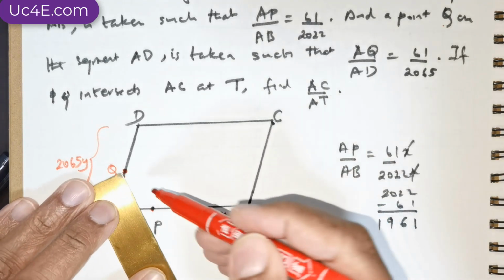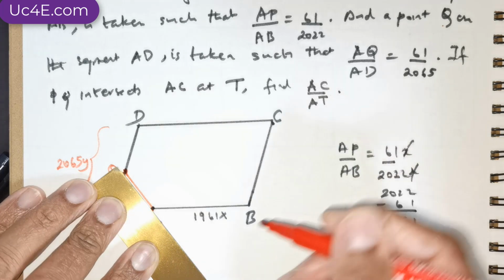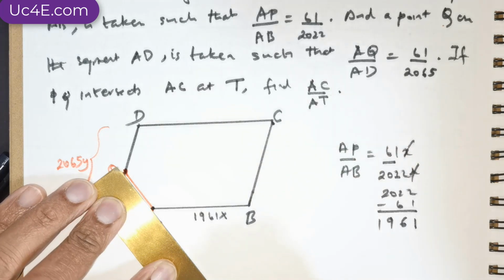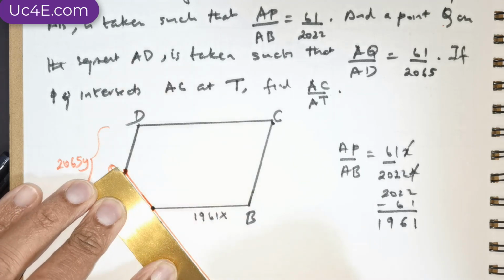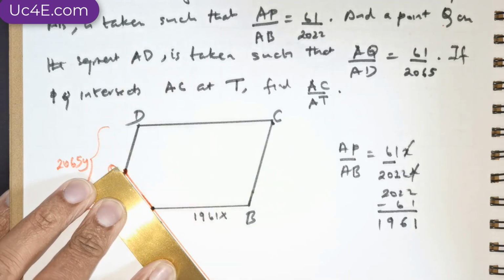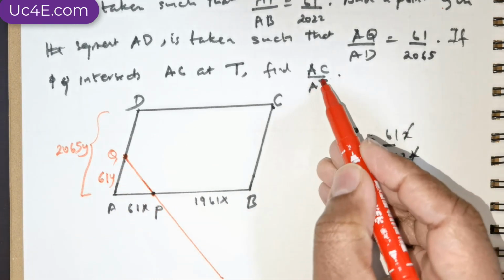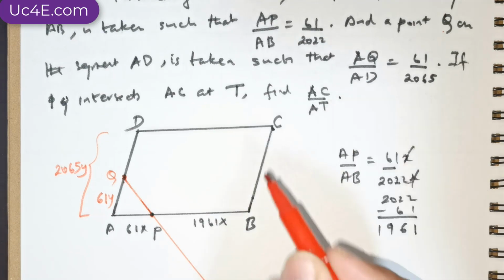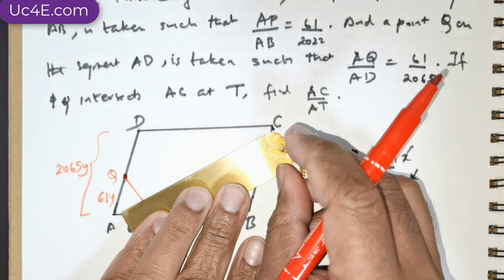Now this is actually a line segment. I am going to be extending this. Why am I extending this? Because I would have to obtain AC over AT. So there is an intersection that is taking place here.